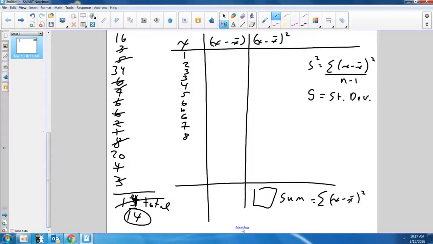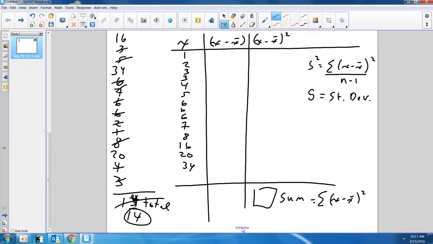And 16, 20, and 34. You always want to check, is this the same as my total? So I have, let's see, 3, 6, 9, 12, 14, which is nice.